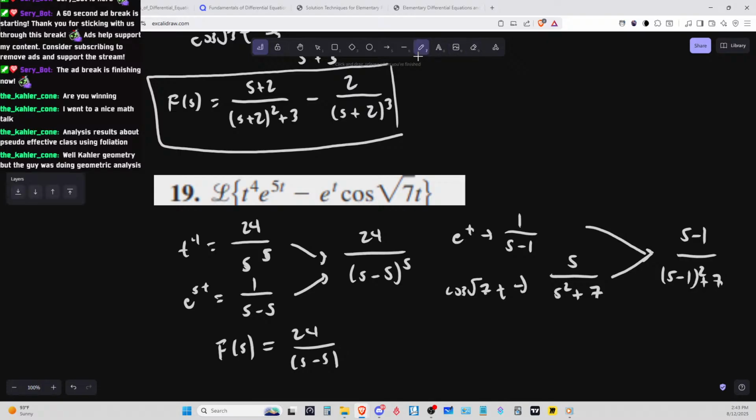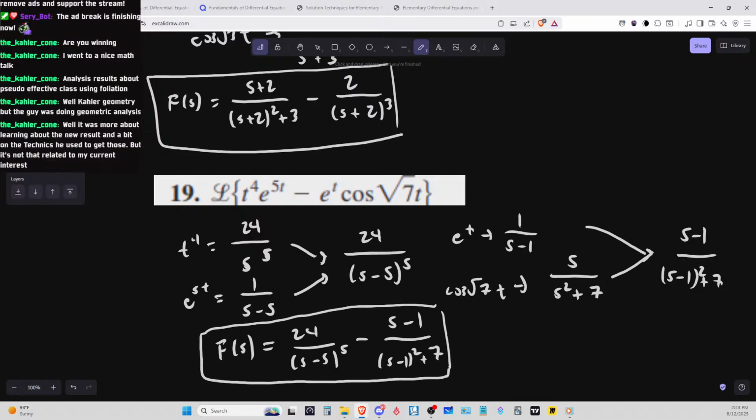Let me erase that. Okay, based on our understanding of how we think these problems go, I think that's how it's supposed to look. So 19.